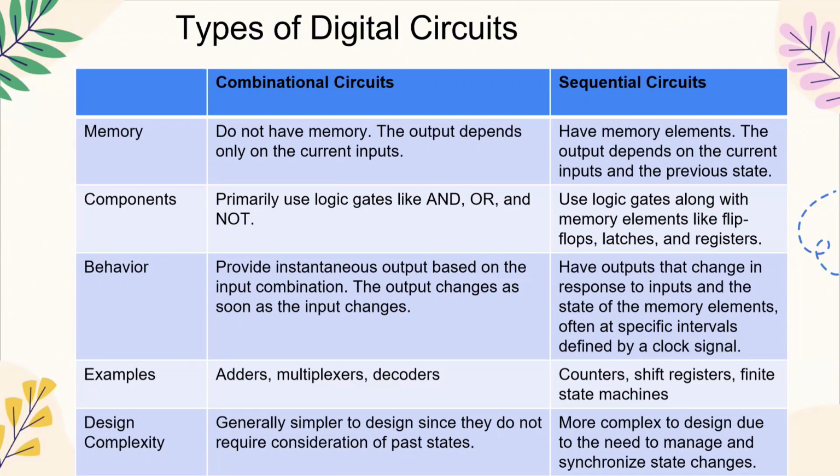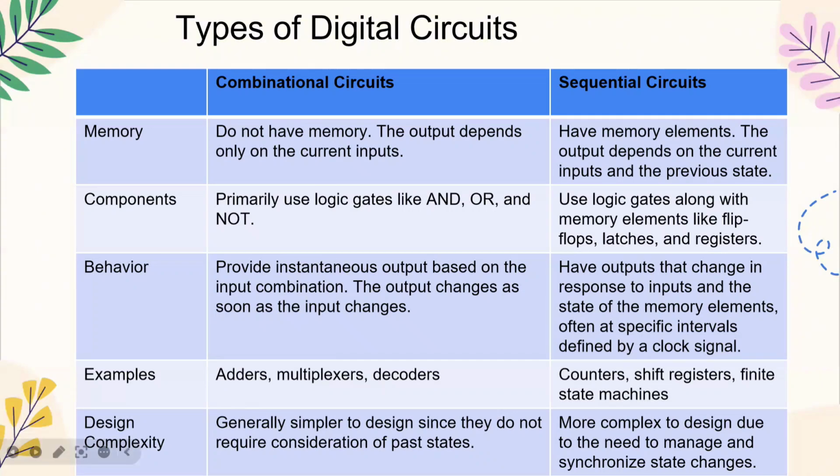Based on behavior, combinational circuits provide instantaneous output based on the input combination, so the output changes as soon as the input changes. Sequential circuits have outputs that change in response to inputs and the state of the memory elements. Examples of combinational circuits are adders, multiplexers, and decoders.